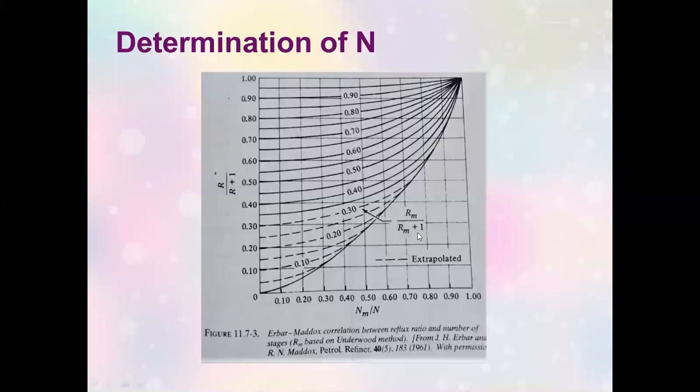As we recall, in the graphical approach, the feed line, that is the Q line, and the enriching section operating line meet at the point of intersection of the feed line on the equilibrium curve.